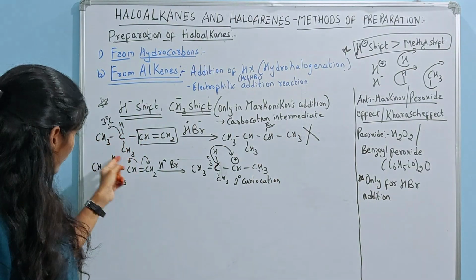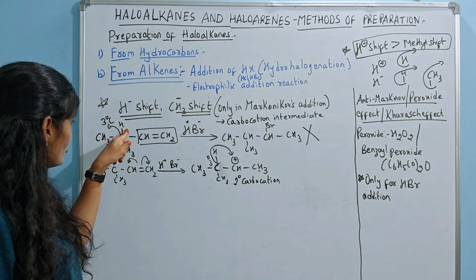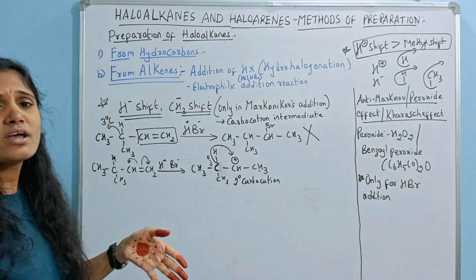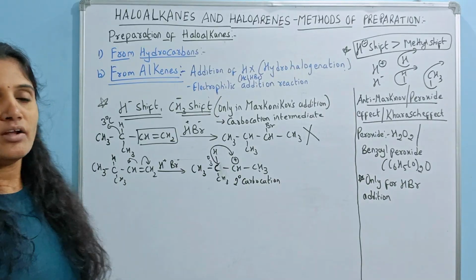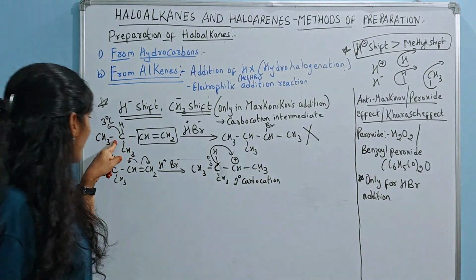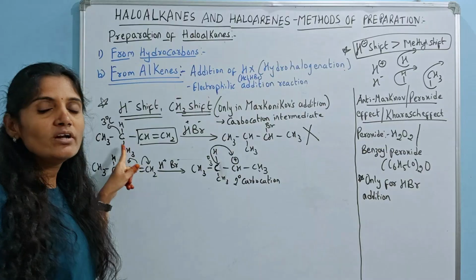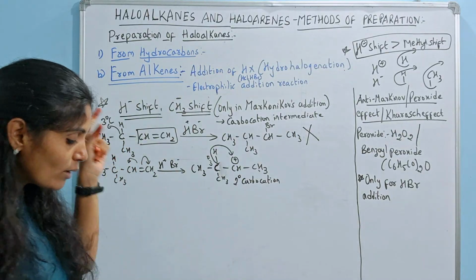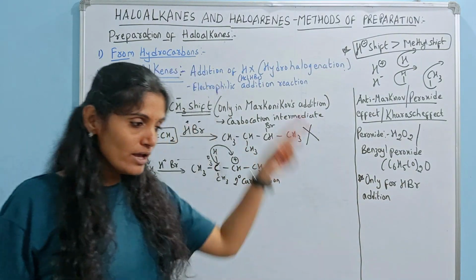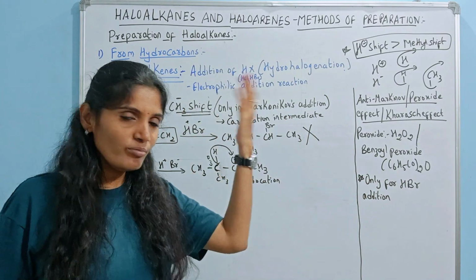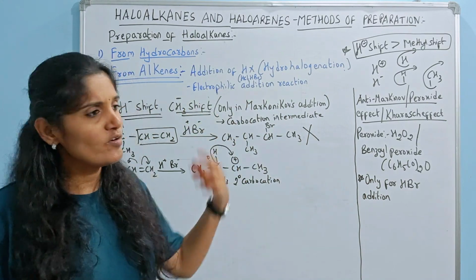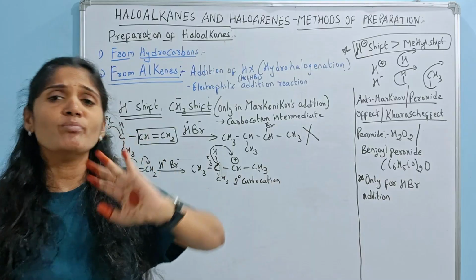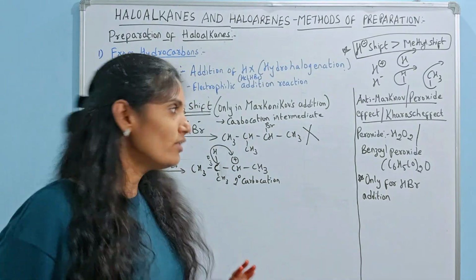So if you remove any one of these two groups, you can get a tertiary carbocation. That is how you identify. Just look at the carbon beside the double bonded carbon. If it is a tertiary carbon, then you can think about hydride shift or methyl shift. If one hydrogen and methyl are there, go for hydride shift. If two methyl groups are there, obviously you shift one methyl. Clear with that?